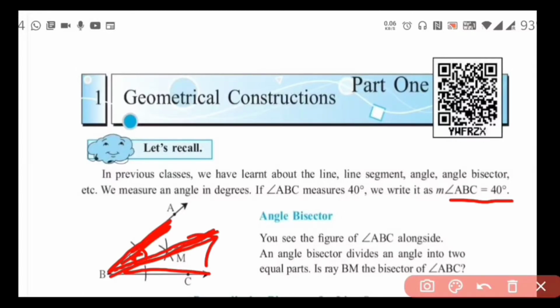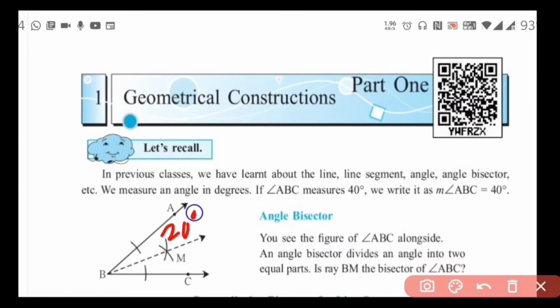So by using our protractor, we will be measuring this angle ABM and angle CBM, and these two angles are of 20 degree. That means due to this ray BM, angle ABC is divided into two equal angles, 20 degree each.